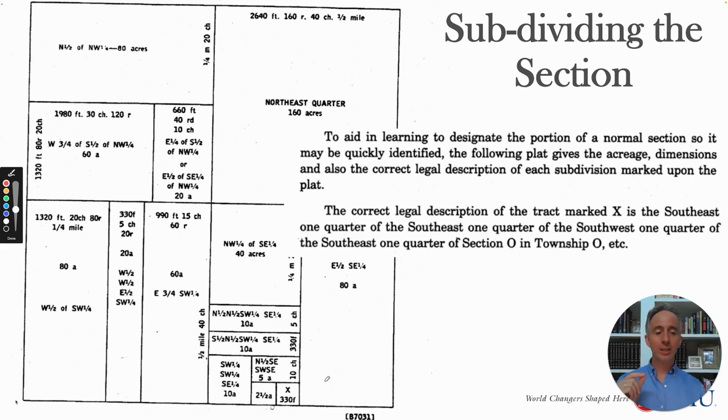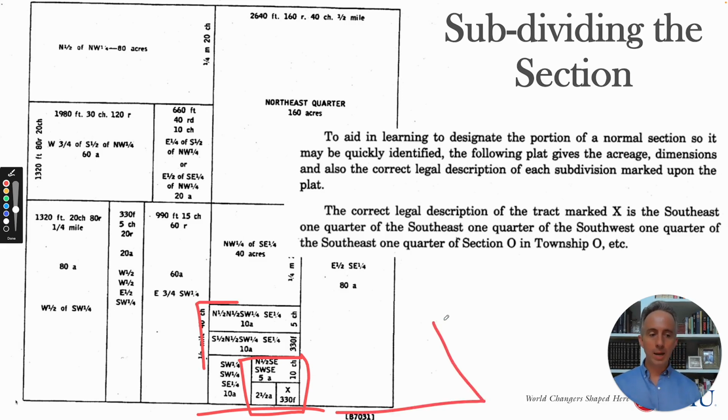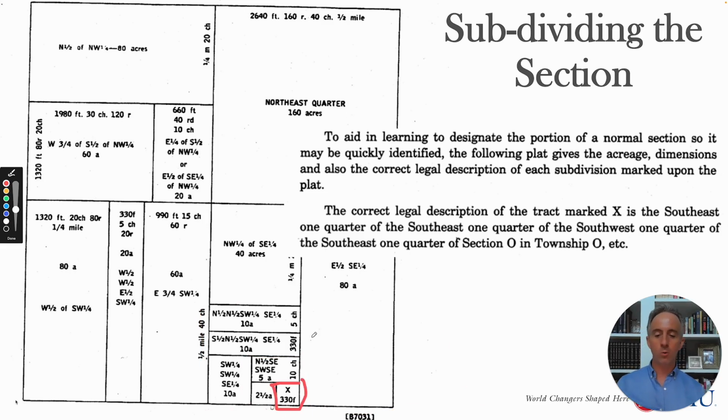The southeast 1 quarter of that southwest 1 quarter of the southeast 1 quarter. Okay? Last step. The southeast 1 quarter of that southeast 1 quarter of the southwest 1 quarter of the southeast 1 quarter. That's how we find that piece of land.